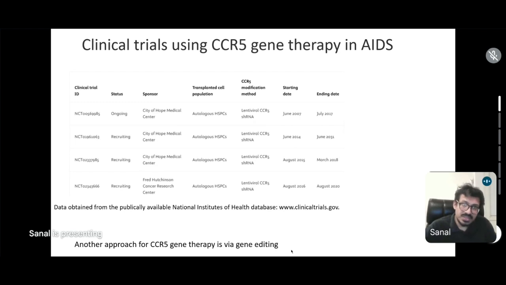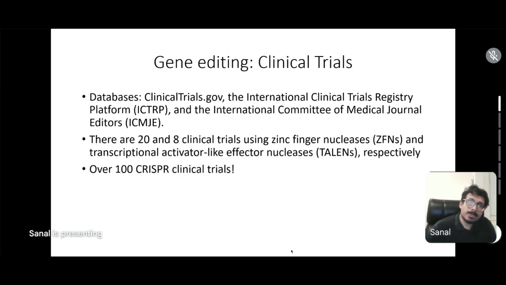Another approach is through gene editing. As I told you, you can do gene editing using different methods.